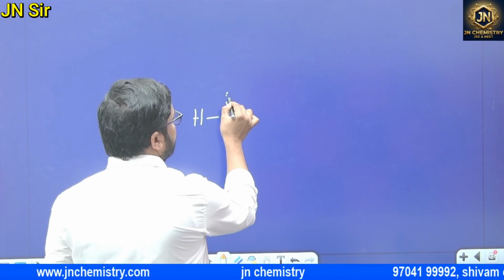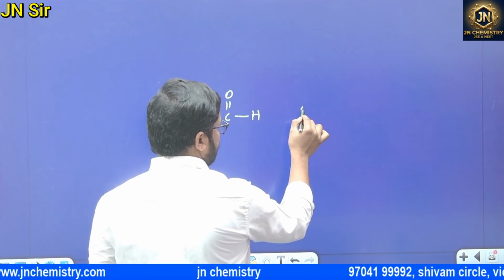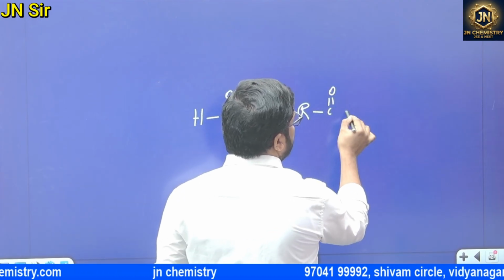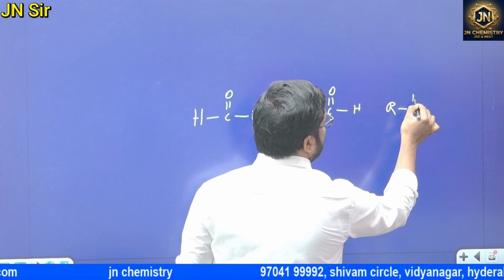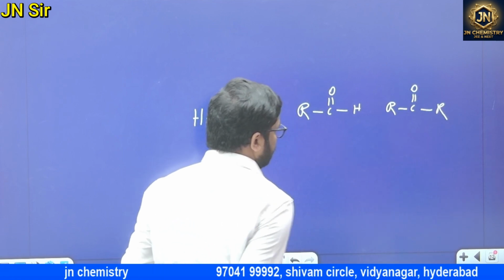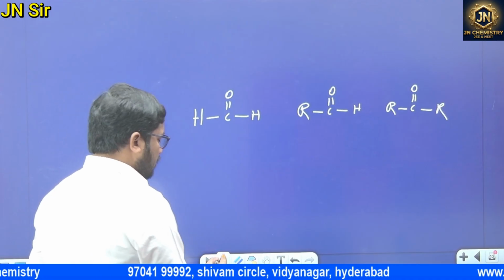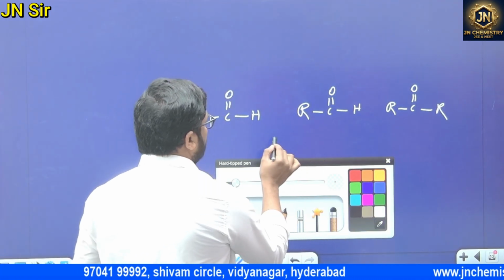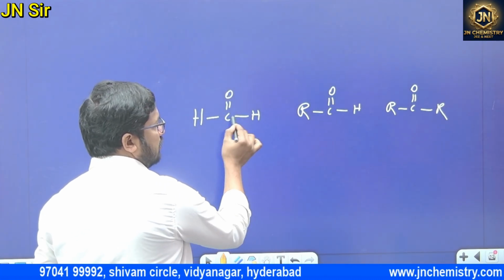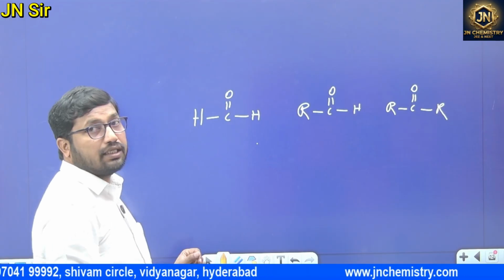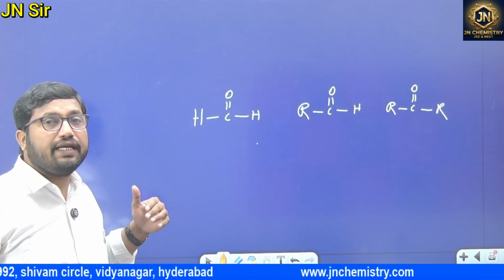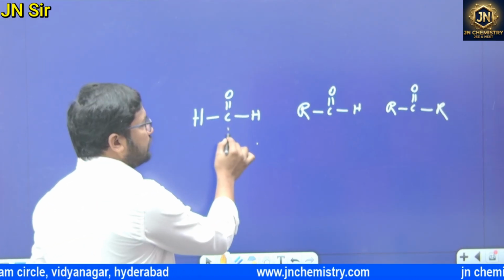In nucleophilic addition reaction, aldehydes are there, ketones are there, right? In inductive effect, which I explained, which is more reactive? Obviously formaldehyde, where 2 hydrogens are there. They won't donate any electrons, so there is more positive charge.